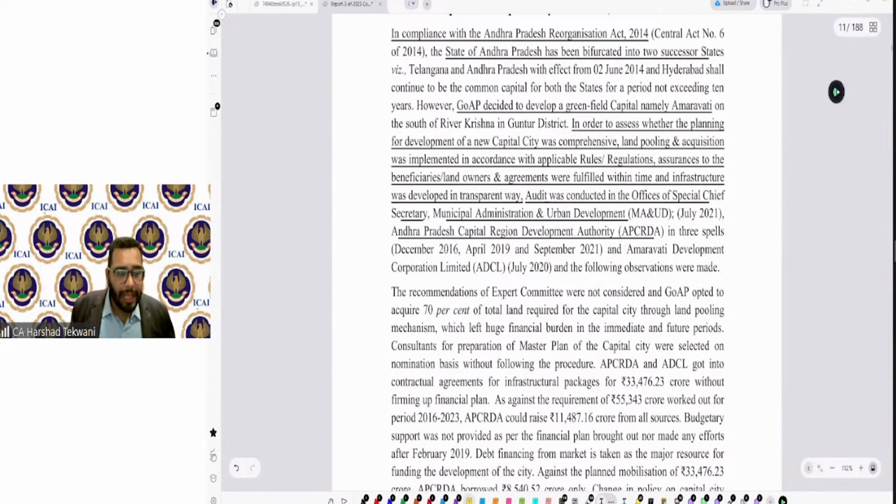They are checking whether the development was in accordance with the applicable rules and regulations. So the development of a city, which was supposed to be done by 3 authorities, is my subject matter, and the applicable criteria are the rules and regulations that were supposed to be followed while developing the city.